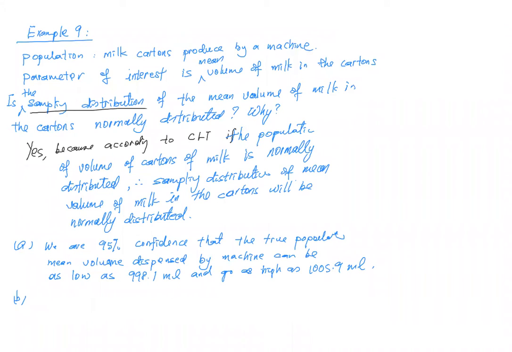So we will say the highest possible predicted true population mean is 1005.9. So that means 1005 ml is possible to happen. So we do not have enough evidence to reject the claim that says the mean is 1005 ml.